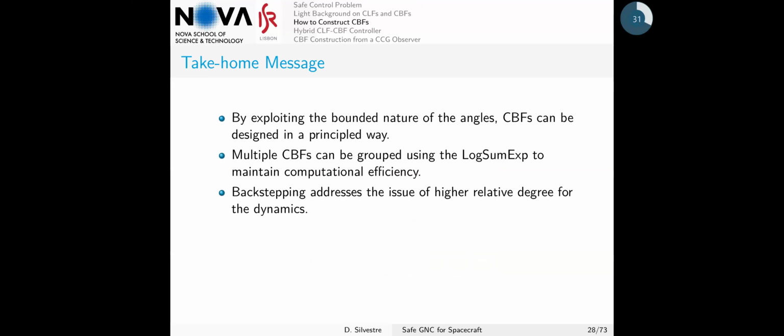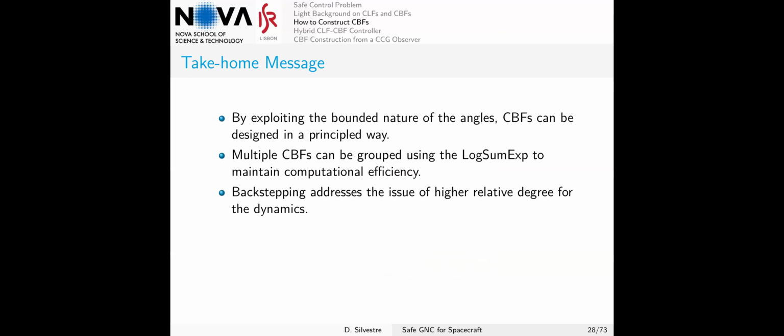The take-home message of this first part of the talk is, of course, that in this case we were able to exploit the bounded nature of the angles, because we model everything in the other angles. And the CBFs could be designed just by inspection, by calculating derivatives of H, and then forcing the design of the constants to match the inequalities.